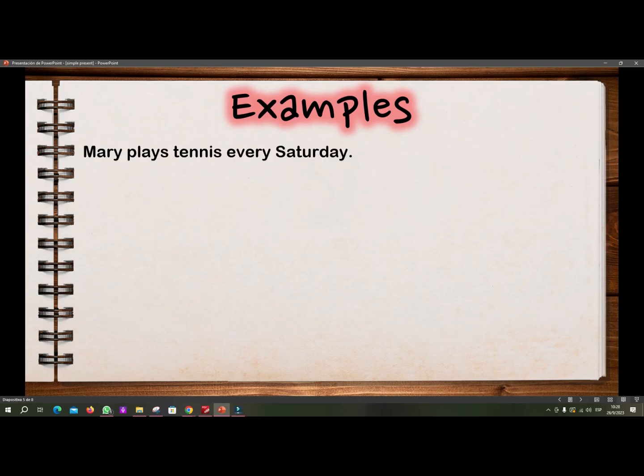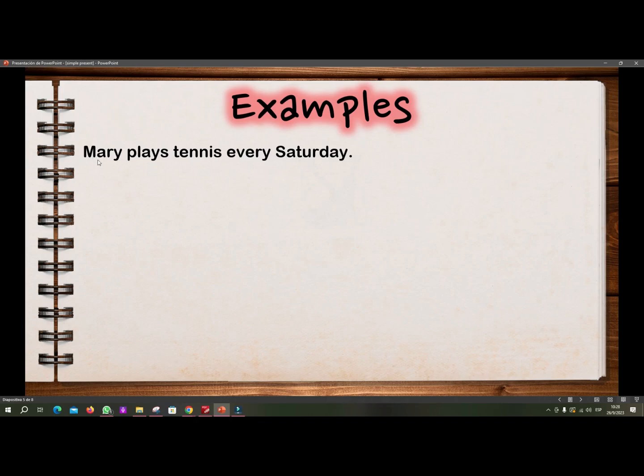Mary plays tennis every Saturday. Here you have the first. Which is the subject here? Mary. The verb plays, because this is third person, right? That is like if you say she plays tennis every Saturday. Si se fijan acá tenemos una oración afirmativa.